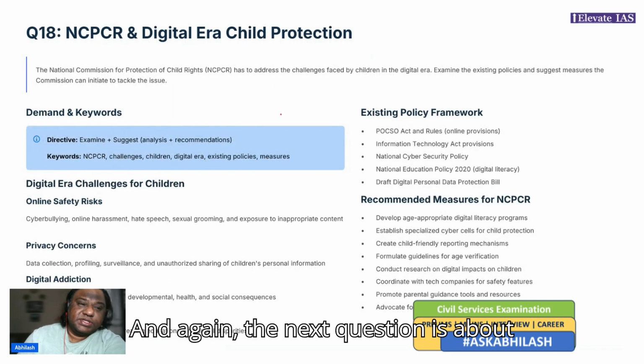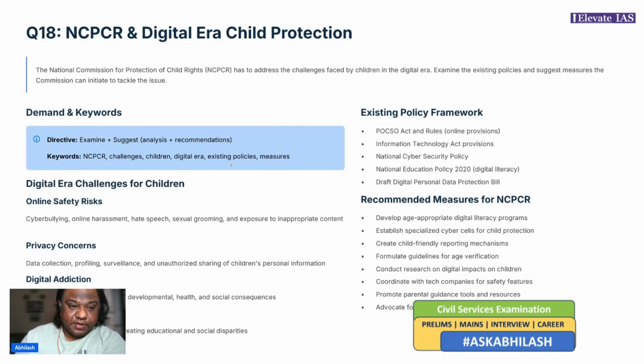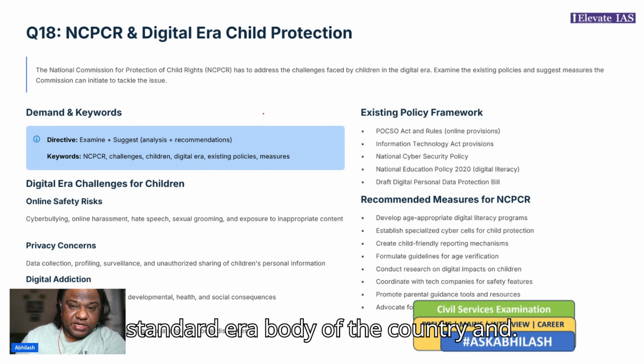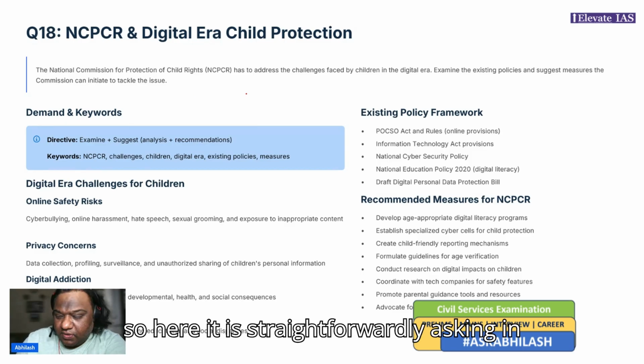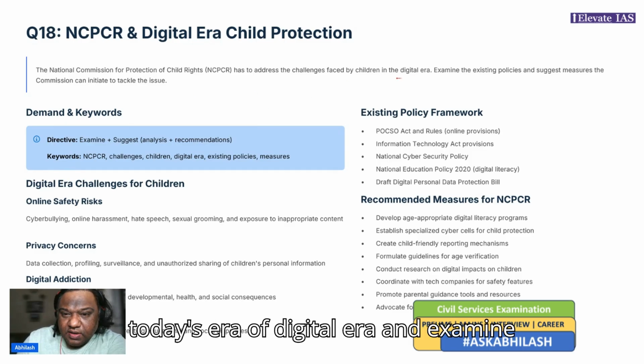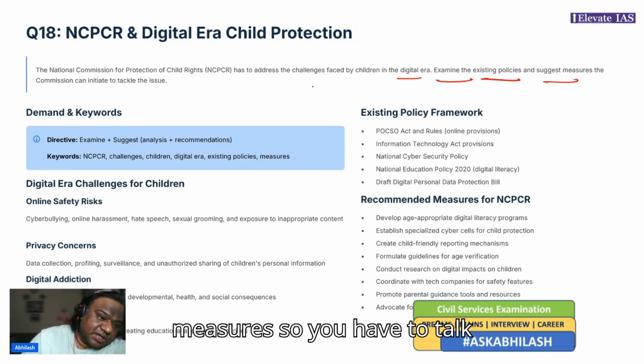And again, the next question is about NCPCR and child protection in the digital era. This is a standard question coming from a standard body of the country, and here it is straightforwardly asking, in today's digital era, to examine the existing policy and suggest measures.